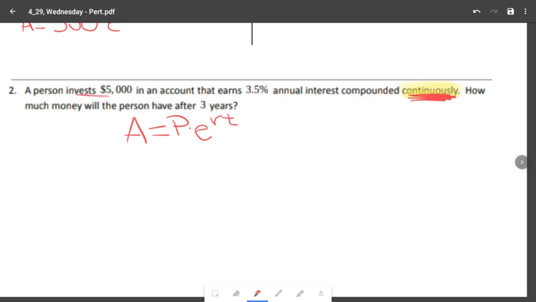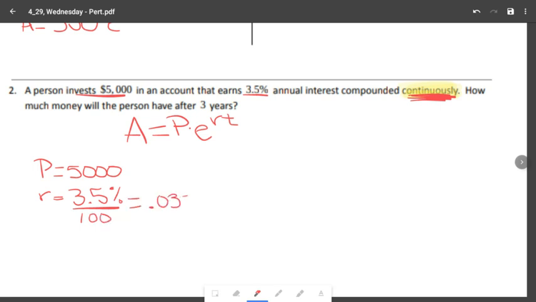We are investing $5,000, so that is our P, our initial amount. The rate, R, is 3.5%. We're going to divide by 100 and make it 0.035.